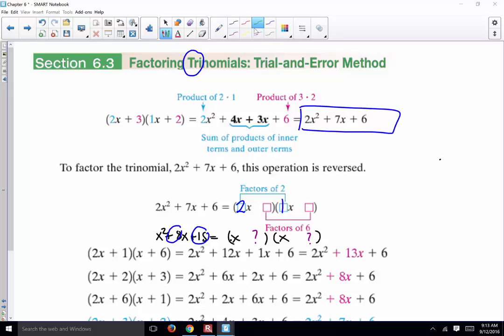Is it 1 and 15? Yeah, they multiply to 15, but they add to 16, not 8. So wrong. What other pair did you pick? 3 and 5. 3 times 5 is 15, and 3 plus 5 is 8. It was 3 here and 5 there. Order didn't matter. You could have put 5 first and 3 next.